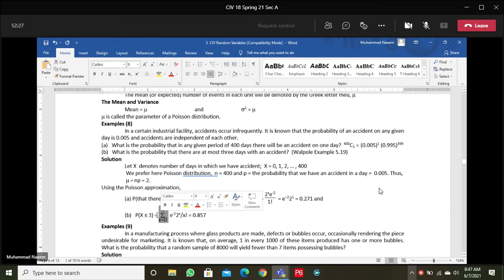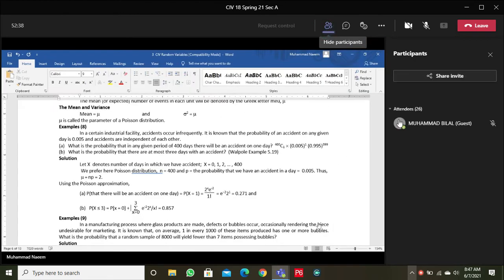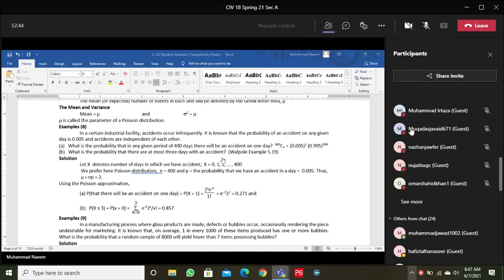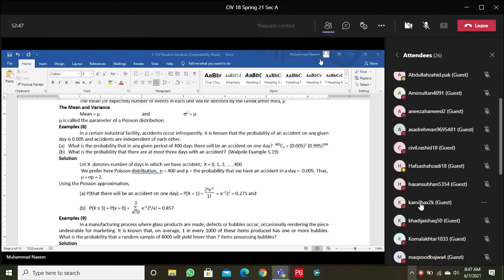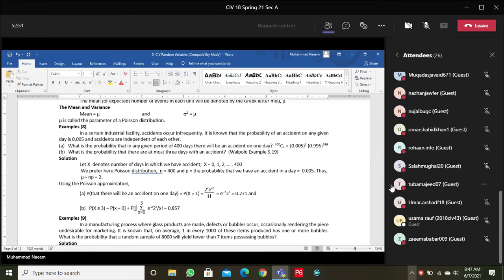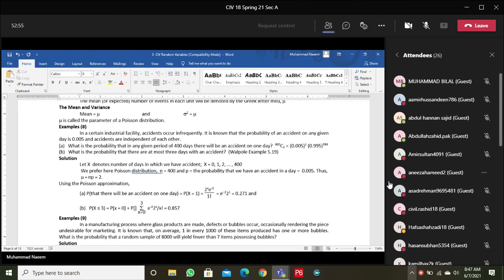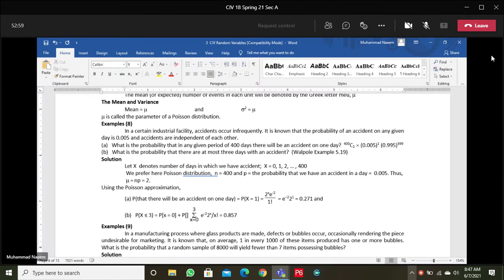So we will sum up the probability for X equal to 0, plus the probability for X equal to 1, plus the probability for X equal to 2, plus the probability for X equal to 3.